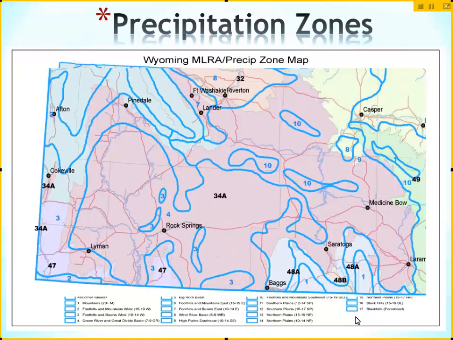So if we look at it right now, basically, we have 1, 2, 3, 4, 5, is that right? 5 different precipitation zones, so 5 different sets of sites that we would use in roughly 23 million acres. Seems like a pretty big chunk of ground for 60 some odd sites.